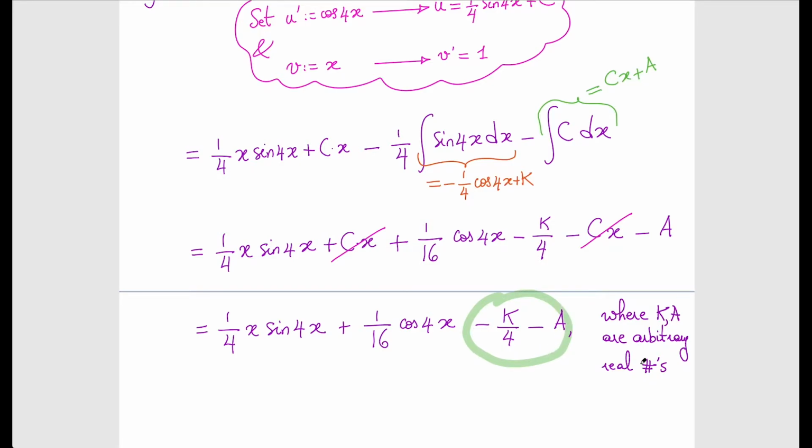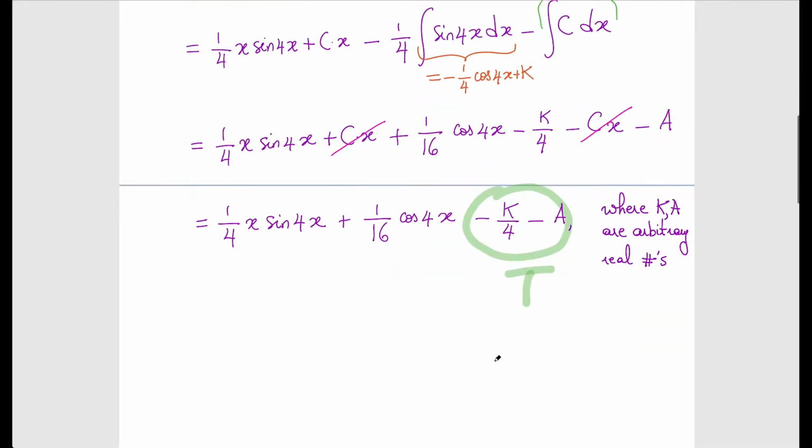Because a and k can be any real numbers, this entity here can be any real number. Let's give it a name. How about the name t, okay? T for this constant. Make sense?